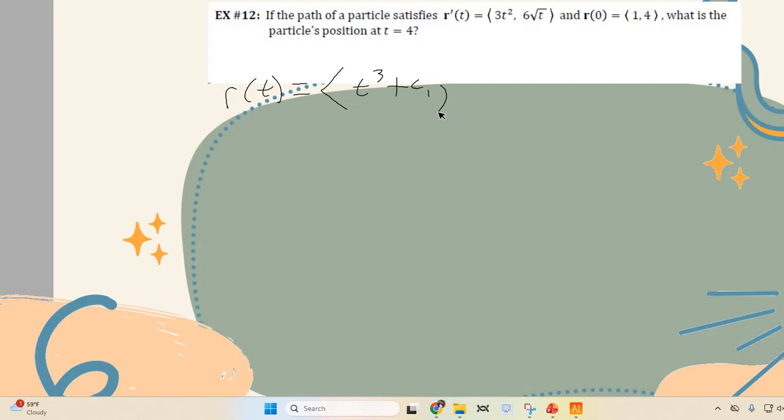So 4 t to the 3 halves plus c2. Yes? And then what do we need to do?